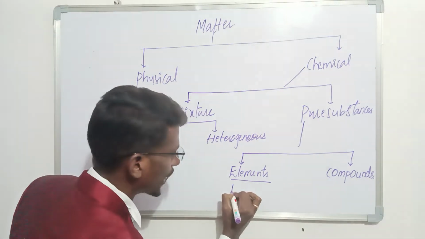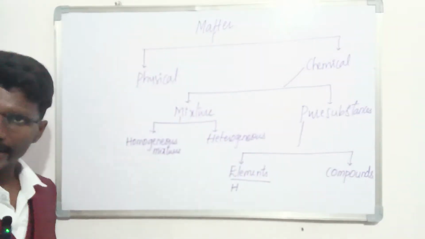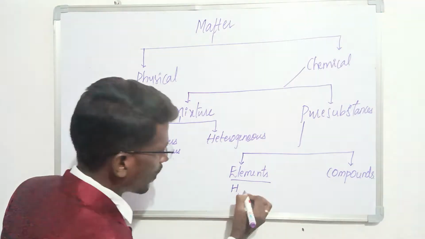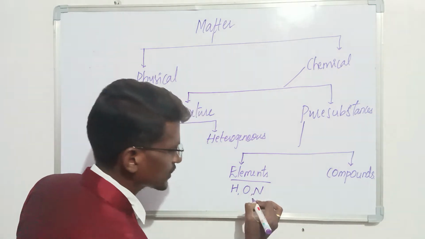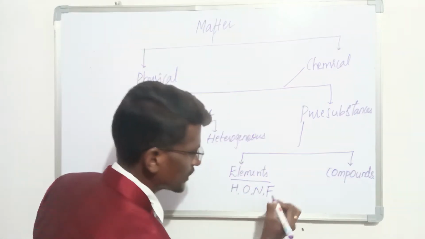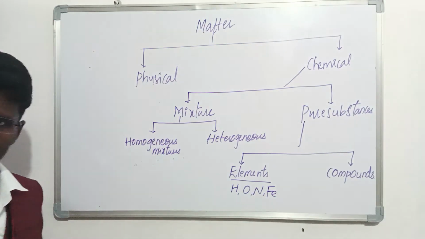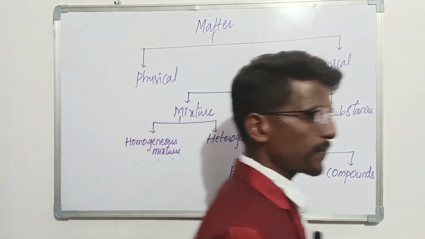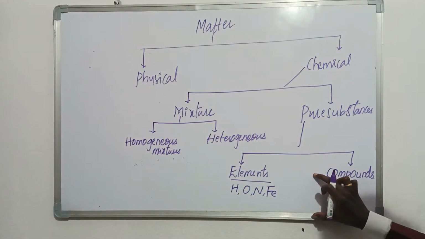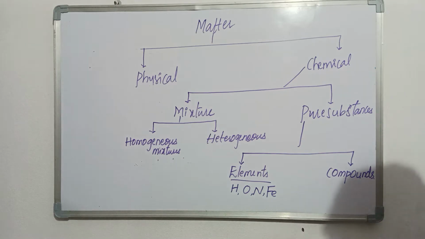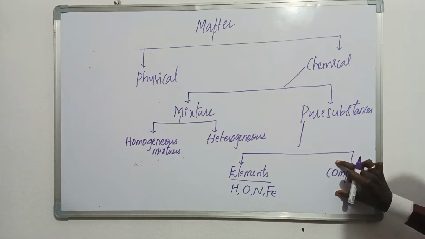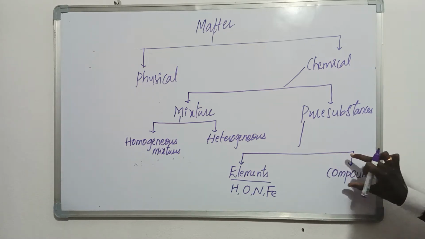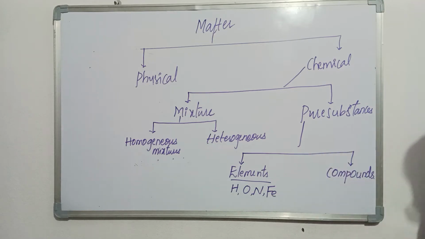For example, hydrogen is an element, oxygen is an element, nitrogen is an element, and iron is an element, etc. Then compounds are made up of two or more elements.